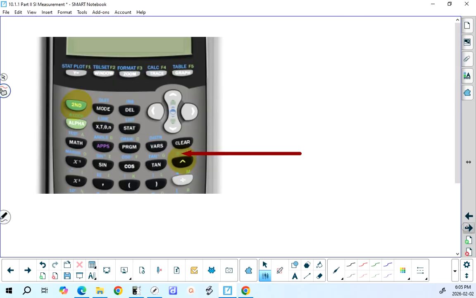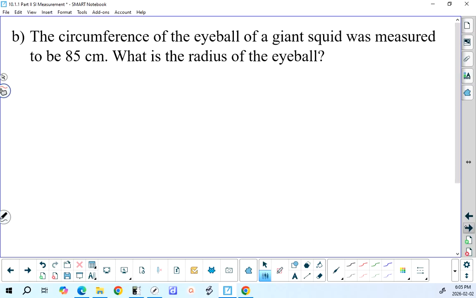Let's take a look at the next question, which tells you that the circumference of the eyeball of a giant squid was measured to be 85 centimeters, and it asks for the radius. Well, if you're trying to find the radius and you know the circumference, let me just write this out so you can see my thinking.